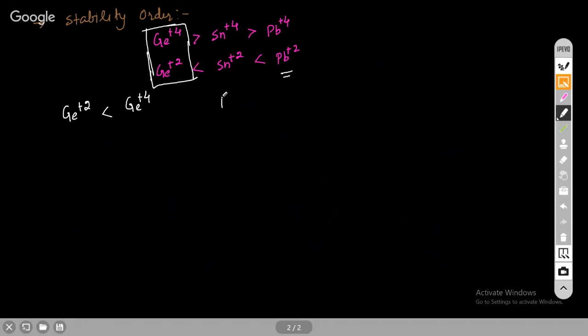So whenever you have lead Pb +4, it has tendency to convert into Pb +2. So what is this behavior and what is this behavior? What kind of behavior is this?